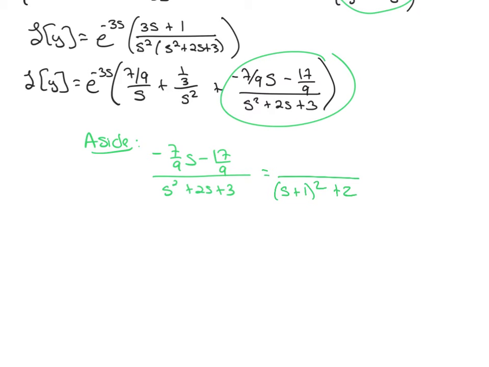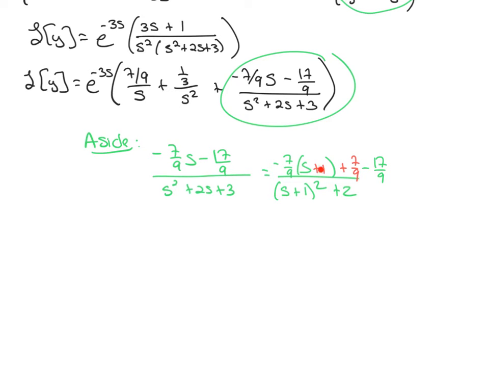That means in the numerator, where we have the 7/9 s, we want a 7/9 s plus 1 so that the s plus 1 portion can match the s plus 1 quantity squared in the denominator. Okay, so that would be like subtracting 7/9. So let's add 7/9. And then we have negative 17/9.